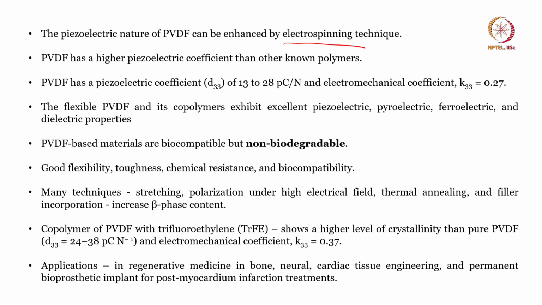PVDF has a high piezoelectric coefficient compared to any other known polymers, in the range of 13 to 28, and this coefficient depends on the content of beta phase present in the PVDF.